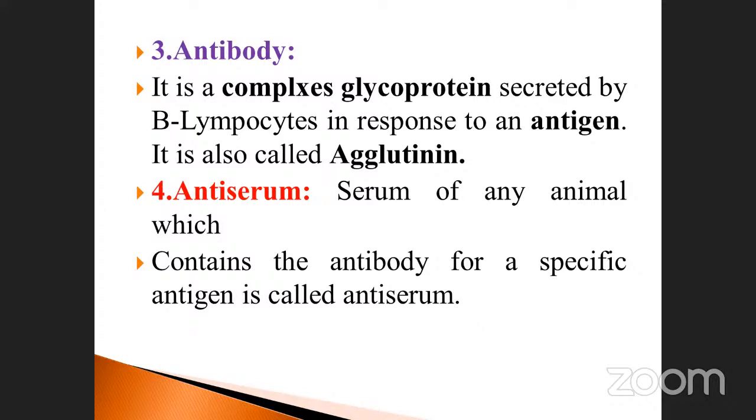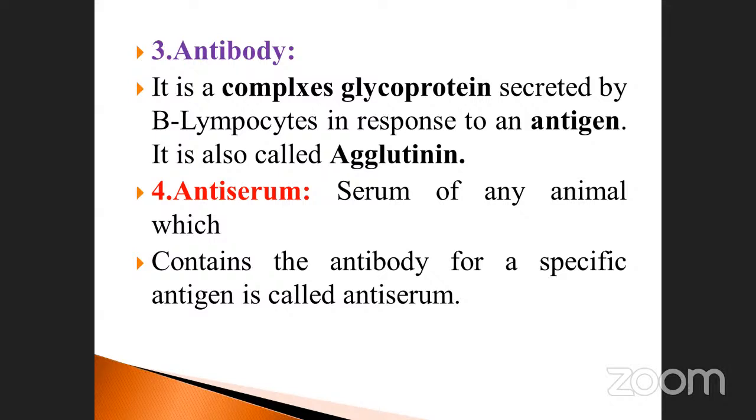After a few days, what happened? When the affected horse or rabbit or monkey, the invader pathogen produces antigen, and the opposite reaction is done by the host, isn't it? So that is the antibody.